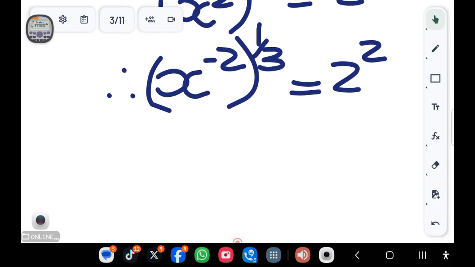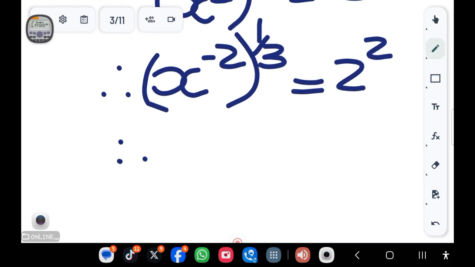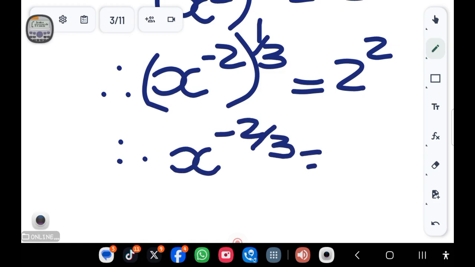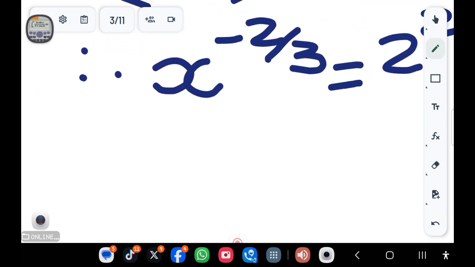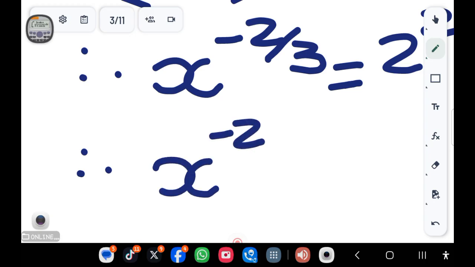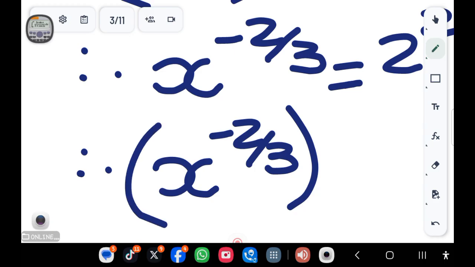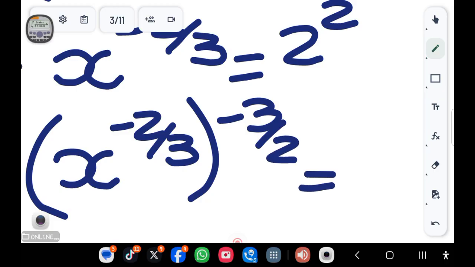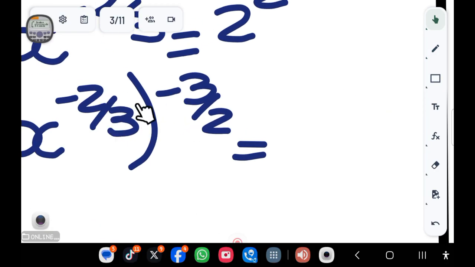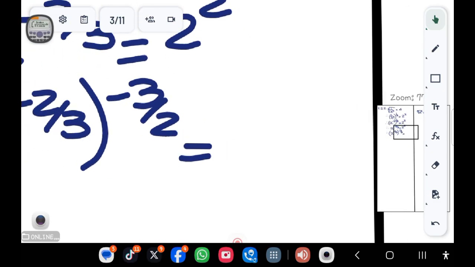So that becomes x to the power of -2 over 3, which is equal to 2 squared. Now, whenever you have a scenario like this, you raise everything to the power of the negative reciprocal if you need to, because the whole goal is to have these cancel each other out when you multiply them together.